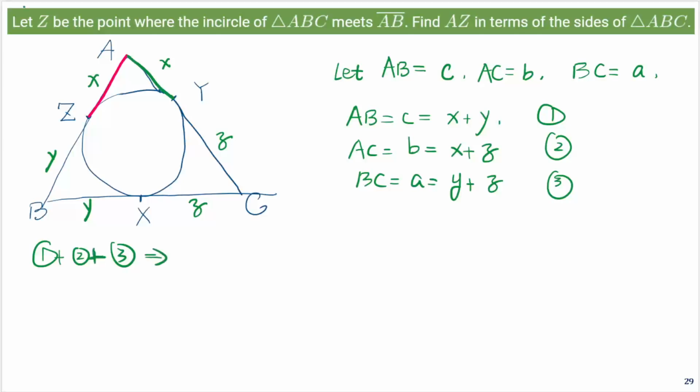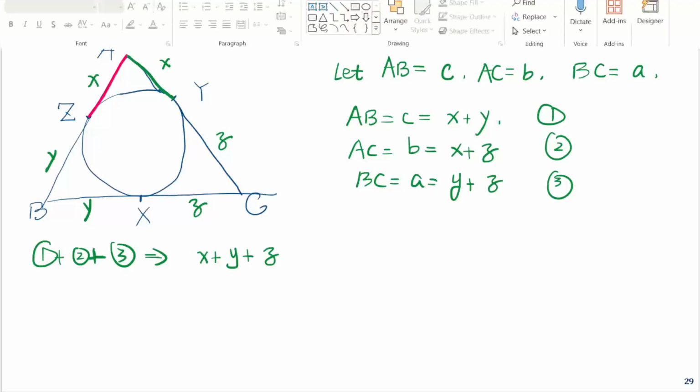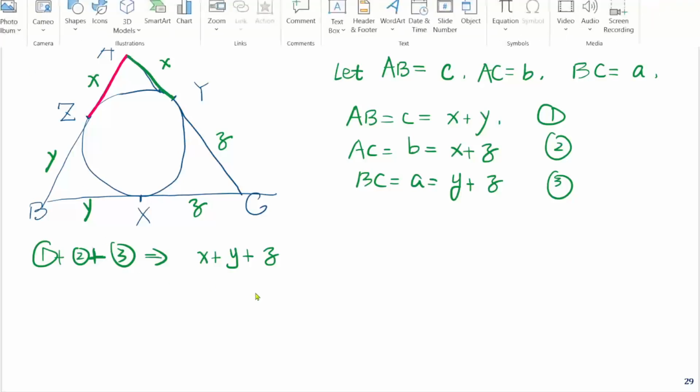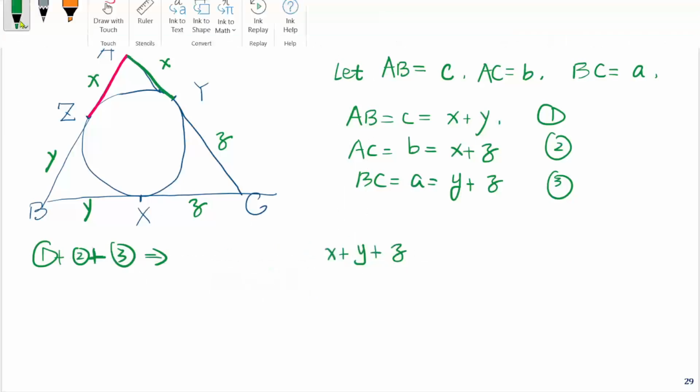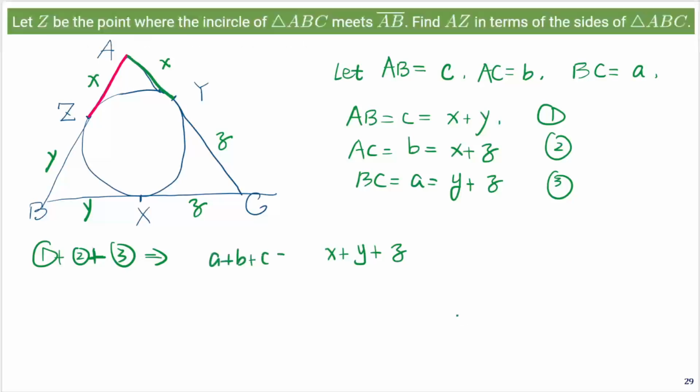Will give us X plus Y plus Z, which we can use with Y plus Z equals A to find X, right? So on the right side, we have X plus Y plus Z. On the left side, we have A plus B plus C. Oh, actually, the right side is twice of X plus Y plus Z, right?